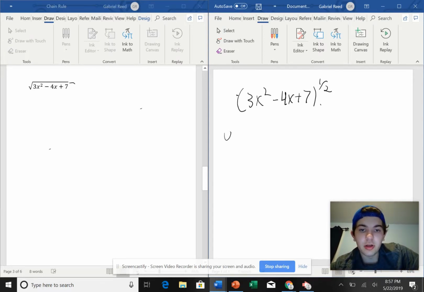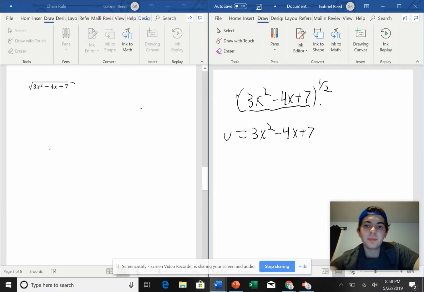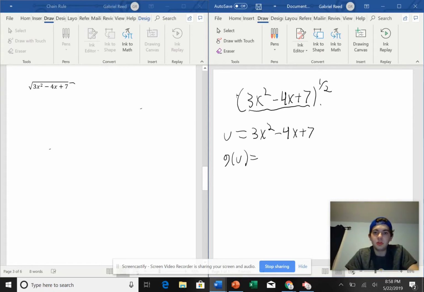So our inner function is going to be what's inside of these parentheses, which is 3x squared minus 4x plus 7. And this time, our outer function, which I will call g of u, is not going to be u squared, because this time it's being raised to the 1/2 power. So we're going to need it to be u to the 1/2.